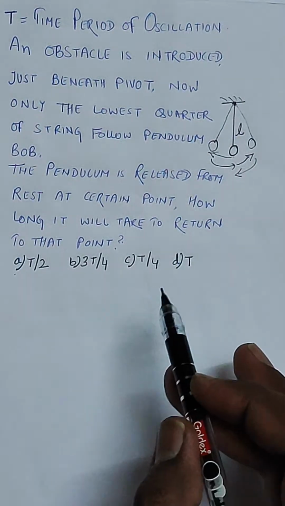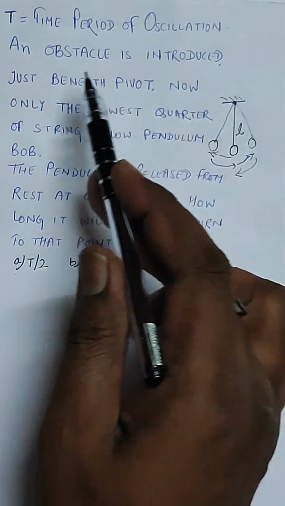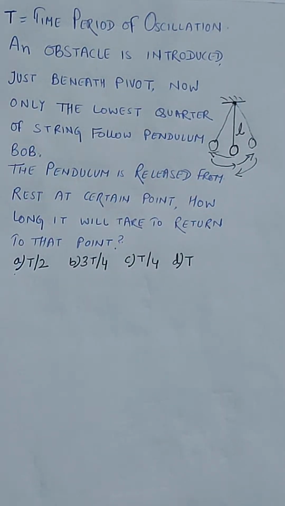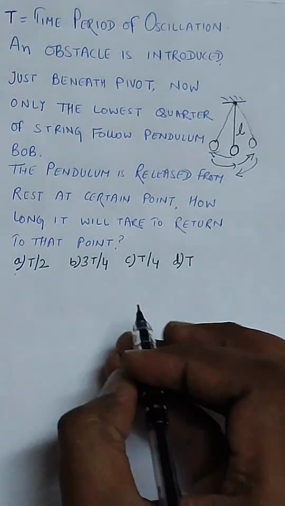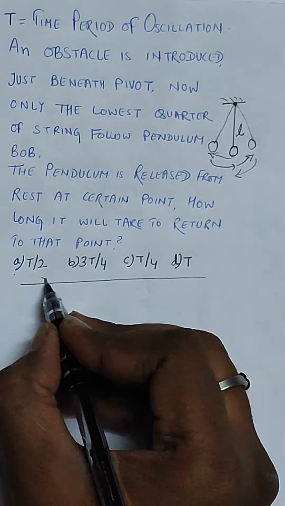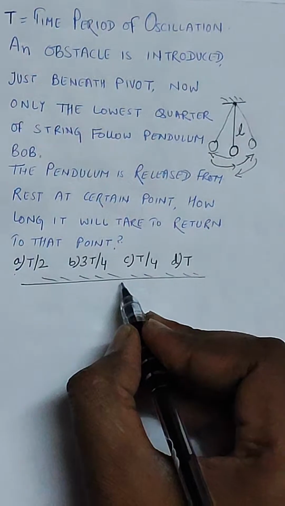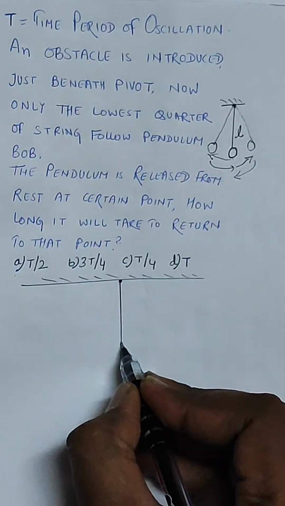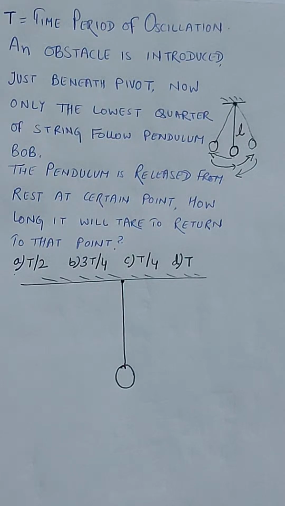The question given to us is that the time period of oscillation is T. Now the question is that an obstacle is introduced just beneath the pivot. So let us say this is the ceiling or reference from which the pendulum is hung, and from here this is the bob of the pendulum.